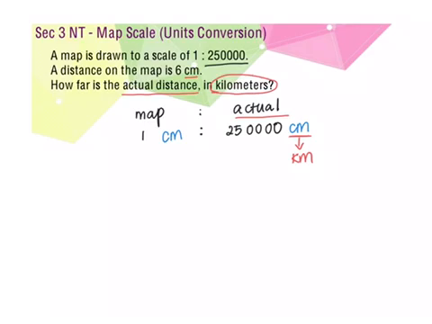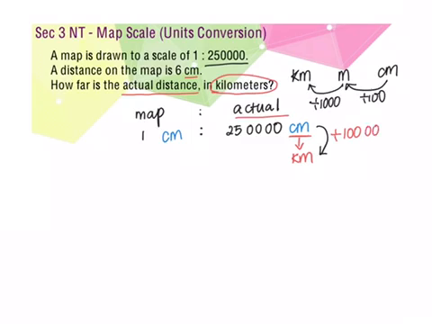Now thinking back to our previous kilometer, meter, and cm. To change from cm to meter, I divide by 100. Meter to kilometer, I need to divide by 1,000. So in this case, to change from cm to kilometer, we will need to divide by 100,000.